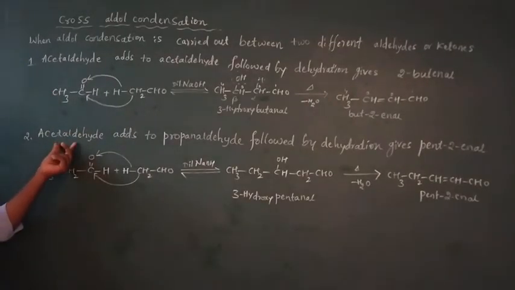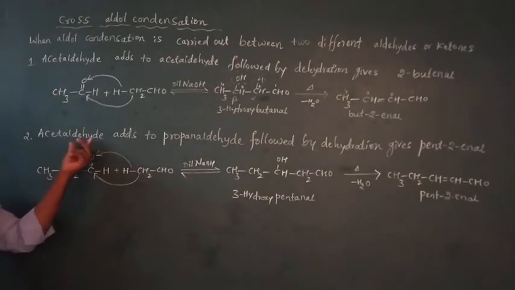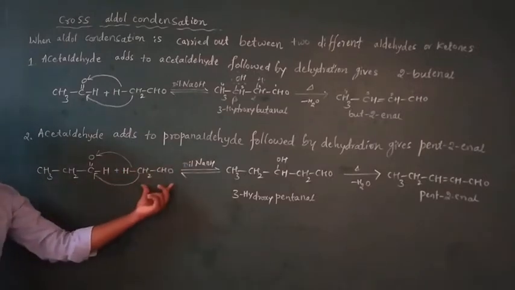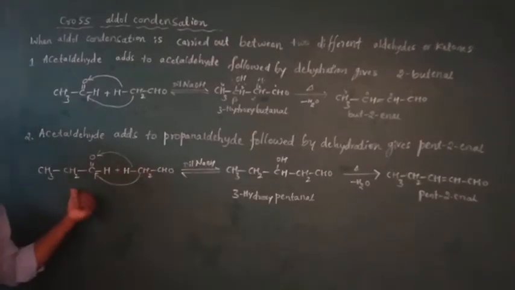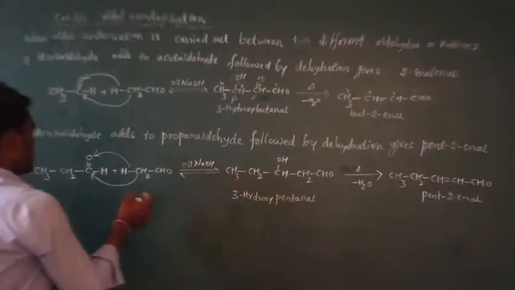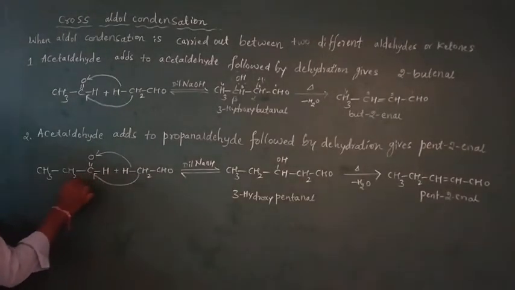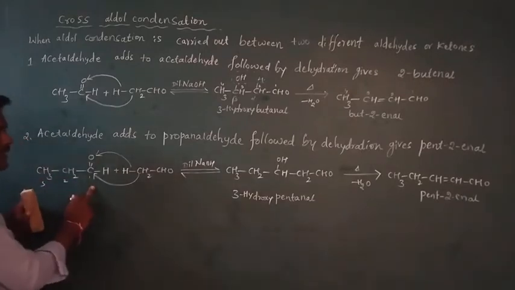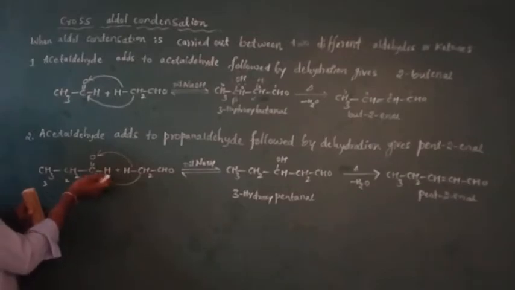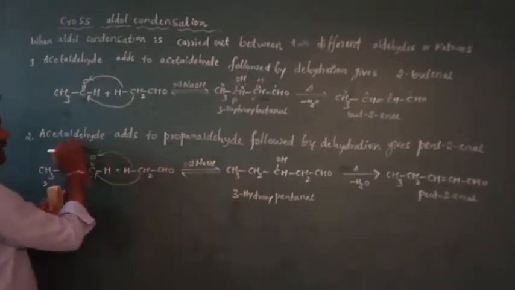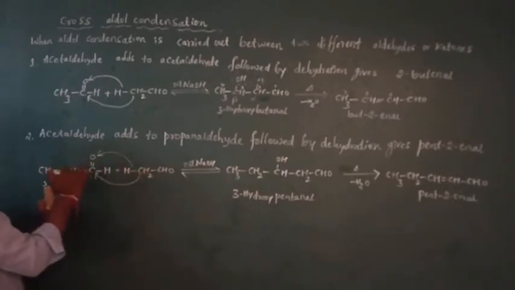Second, acetaldehyde adds to propanaldehyde. Propanaldehyde has carbon number 1, 2 and 3, with the aldehyde as the functional group.